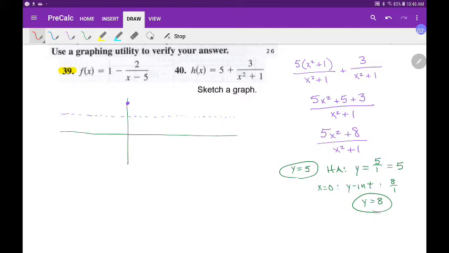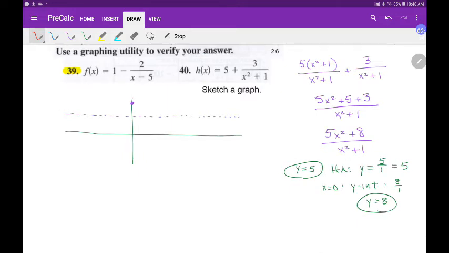I'm not going down and hitting the x-axis anywhere that I know of. I could plot some test points, but basically I'm going to hug the horizontal asymptote until I get up here, and then I'm going to go up to hit it, and then I'm going to come back down on the other side and go back to the asymptote. And that is what the graph does, and it's kind of weird.